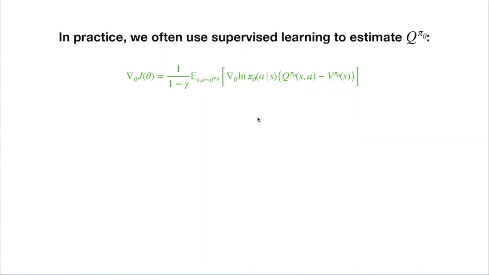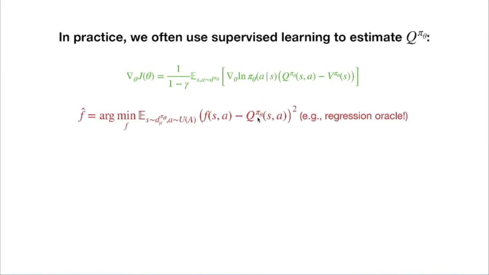The way you do it is that we can use a supervised learning algorithm to estimate our Q function. We talked about how to estimate the Q function using a regression oracle. So we can sample a state-action pair from this distribution and we get a Y. This is again the roll out process.